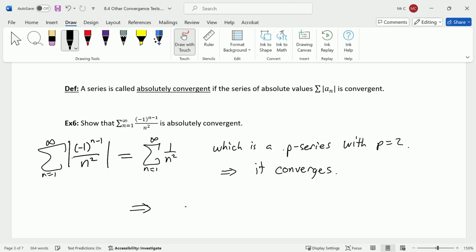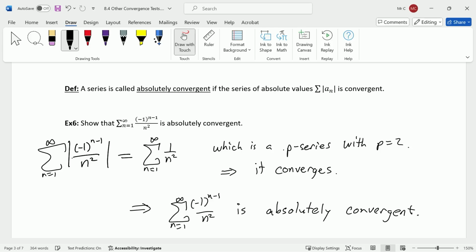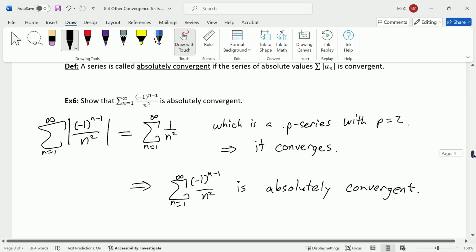And that implies that the original series from n equals 1 to infinity of negative 1 to the n minus 1 power over n squared is absolutely convergent. All right, so that was a nice, easy one. Let's move on.